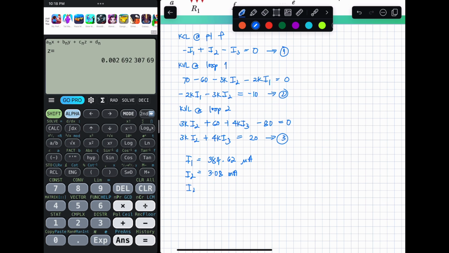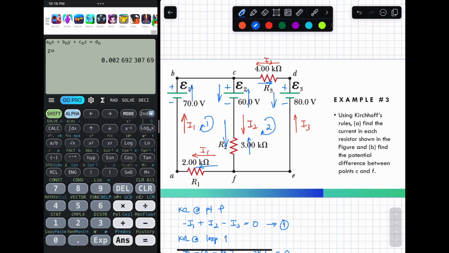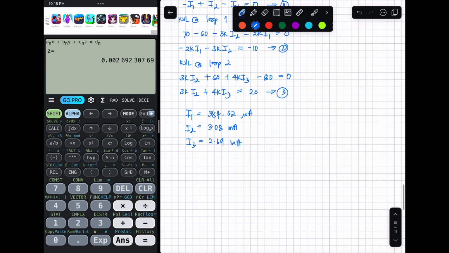And then I3 is 2.69 milliampere. If you add I1 and I3, we will get I2, which is true for these. So 2.69 milliampere plus 384.62 microampere is equal to 3.08 milliampere. So that is for the three currents.